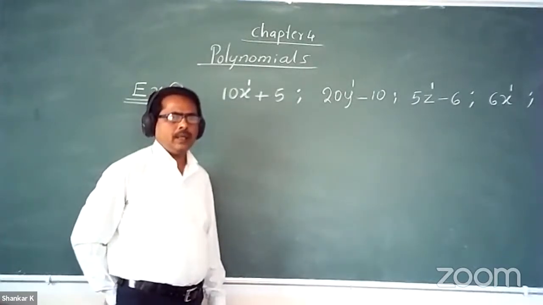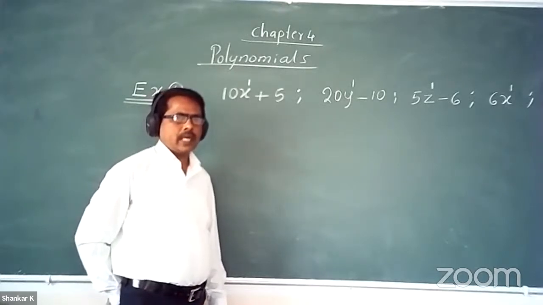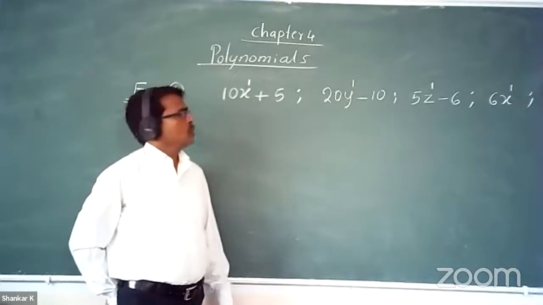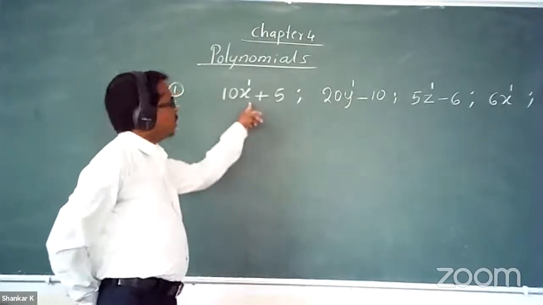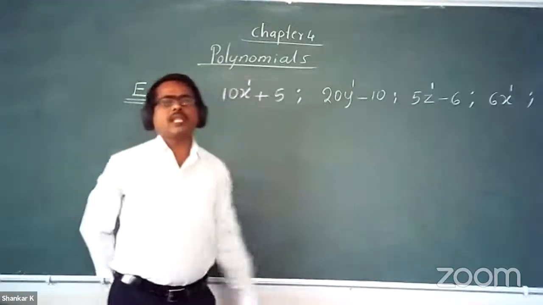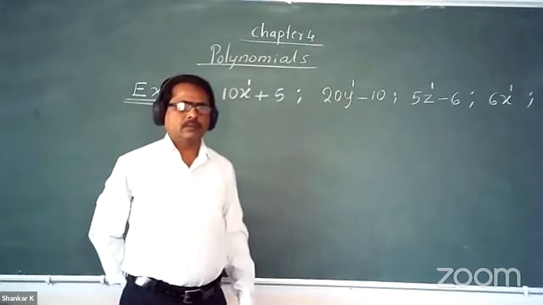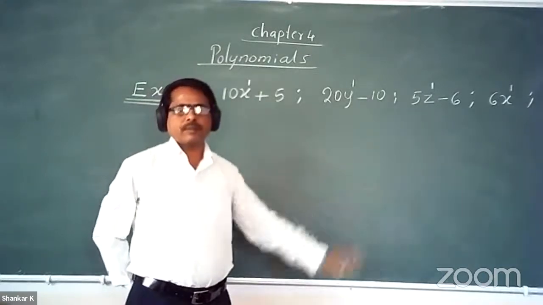What is its degree? Degree of the polynomial is the highest exponent. So how much is the highest power here? The power of the variable is 1. Here also 1, 1, 1. Its degree is 1. Degree of these polynomials is 1.